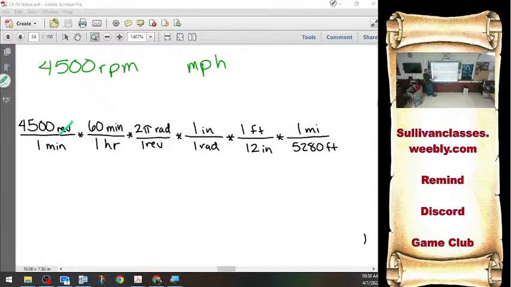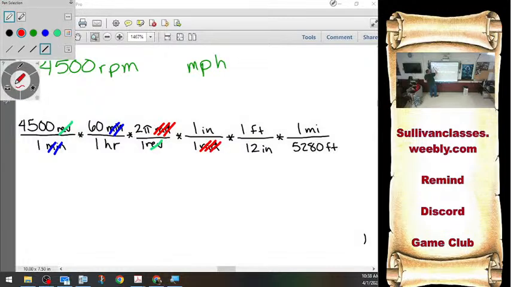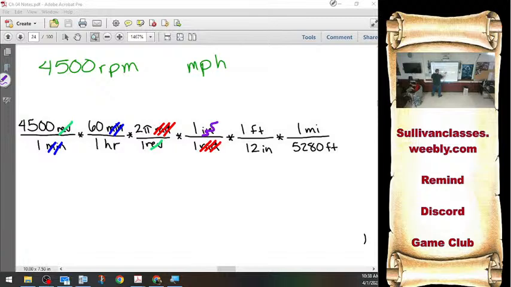So, revolution with revolution. Minute with minute. Radians with radius. Inches with inches.